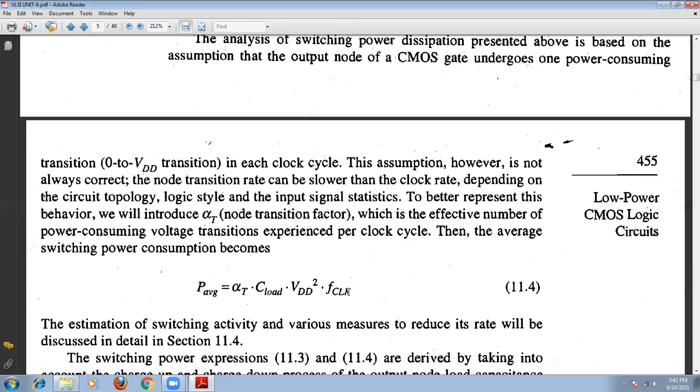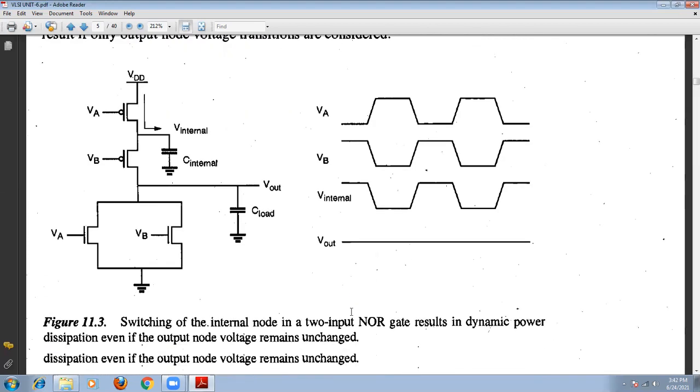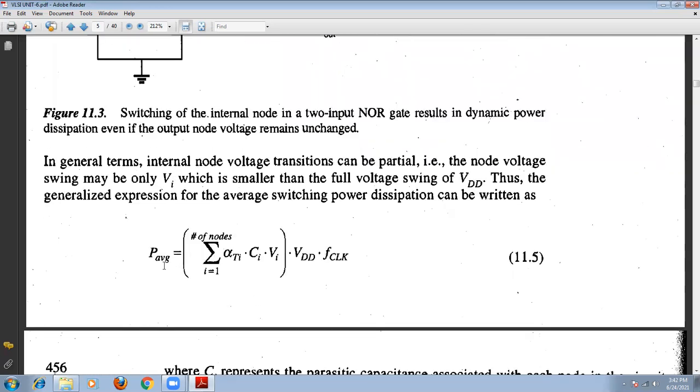So the overall power dissipation of the circuit, depending upon the internal node voltage swing, is given by this equation: P average is equal to the sum over i equal to 1 to the number of nodes of alpha Ti into Ci into VDD square into F clock.